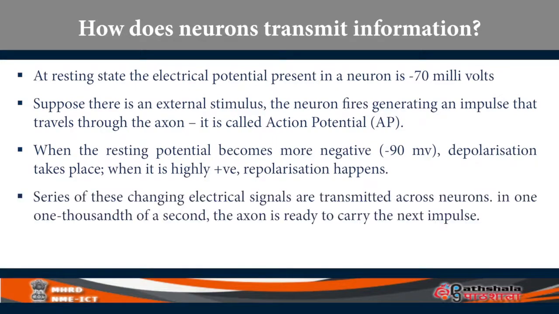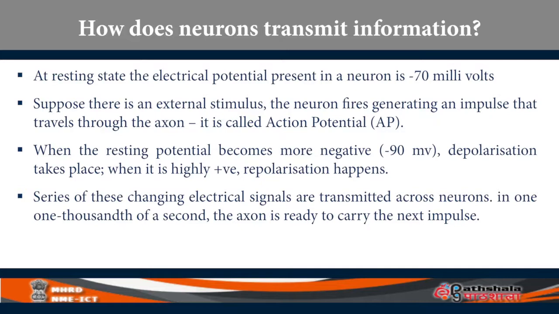So a series of depolarizations and repolarizations is what you mean when you say neural impulse is transmitted. It is this changing electrical signals which pass through the axon from one neuron to another neuron. The axon is ready to carry the next impulse within 1,000th of a second, that fast.